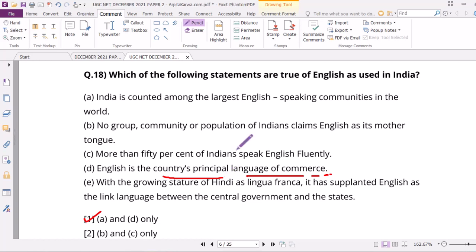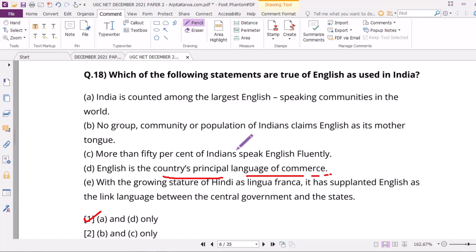All right. In fact, in this particular question, what one could have also done is work the strategy of elimination, right? So, for example, E: with the growing stature of English as lingua franca, it has supplanted English as the link language between the central government and the states. And we know that this is not true. So this is eliminated.